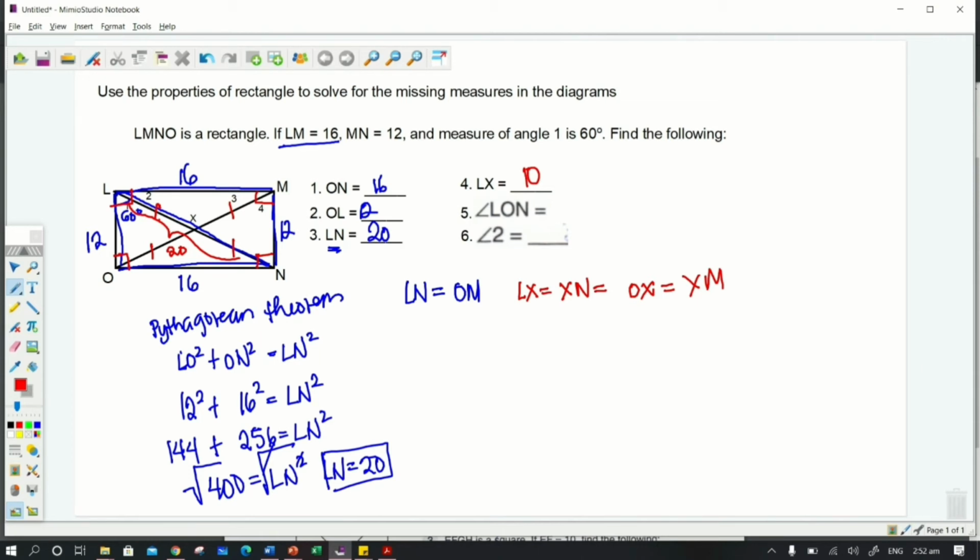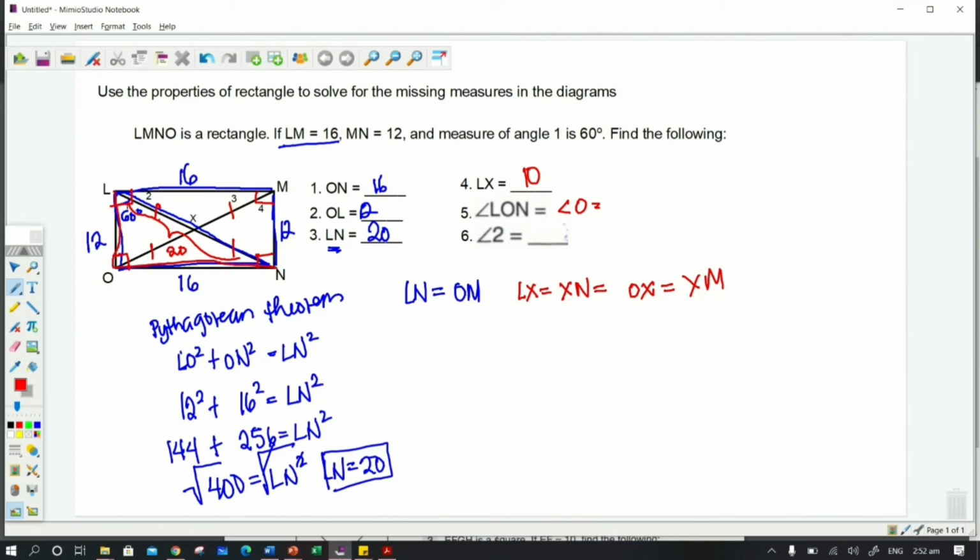Okay? Now, let's now move on with angle LON. So, kung titingnan natin, asan si angle LON? Si angle LON ay simply angle O. Okay? So, kung titingnan natin sa ating figure, we have angle LON. Ito siya.